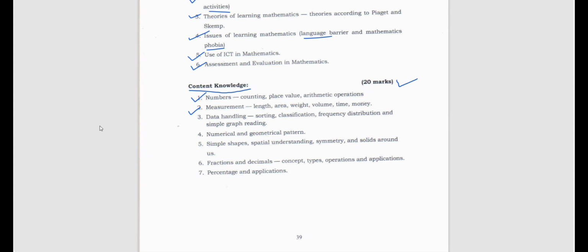So measurements can be of different types: the measurement during the construction of a house, the area, and weight. When we buy sugar, rice or wheat from the market, we weigh it in the weighing machine. And even our own weight, we measure how many kg we are.